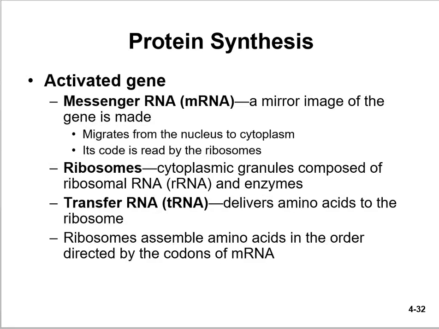If we have an activated gene, then we'll need to make a copy of that gene, or what's called a transcript. So, as we've shown before, messenger RNA, or mRNA, makes a complementary copy of that gene.